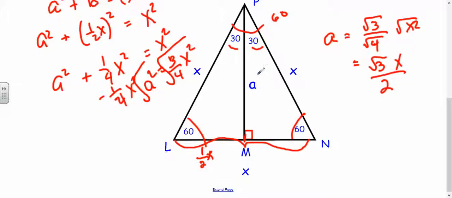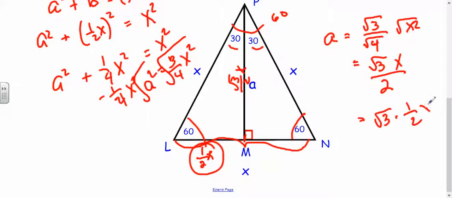So that means this side is the square root of 3 over 2 times x. Now, what we want to look at is that 1/2 x is our short side. So what we really have here is the square root of 3 times 1/2 x, or the square root of 3 times whatever your short side is.